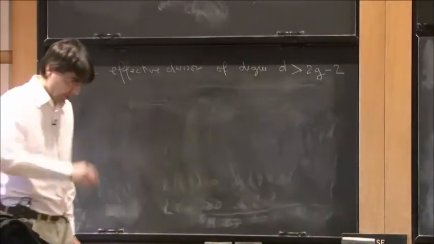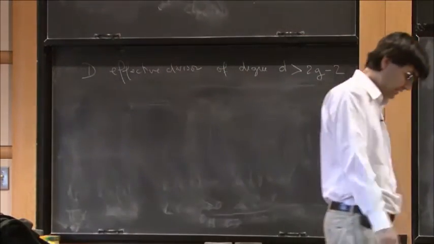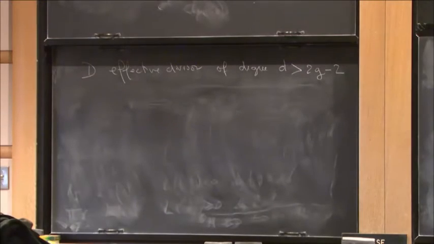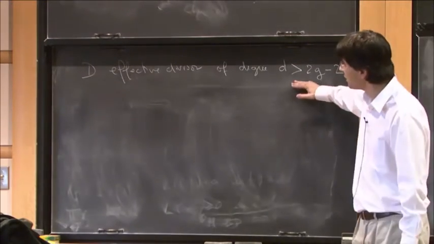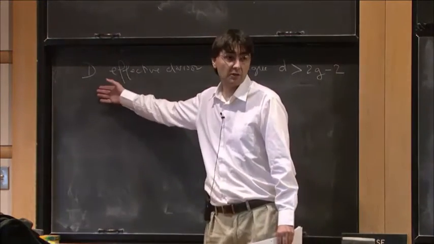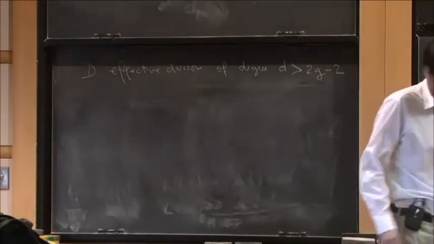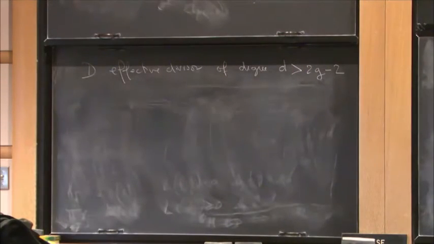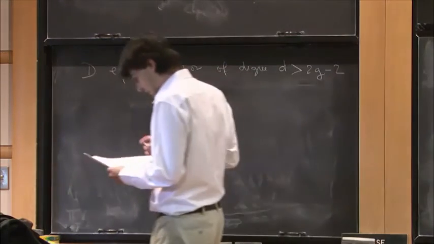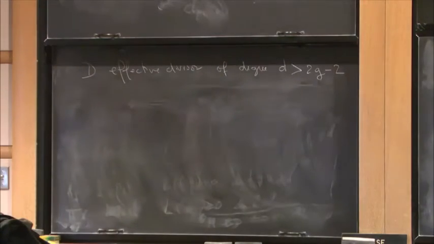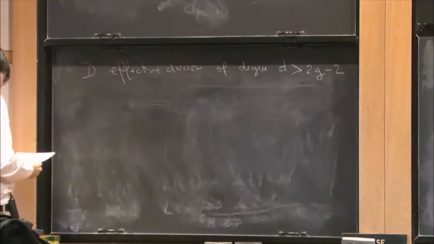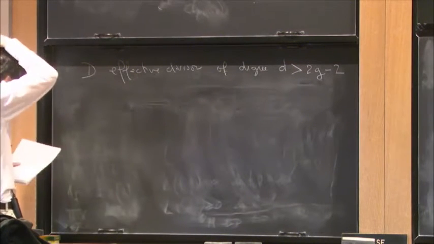We will see at one point of the talk that this restriction will unfortunately appear, because the case of a canonical divisor is a very interesting case, in particular from the point of view of non-abelian Hodge theory, but I have almost nothing to say in this case. So I assume that the degree is bigger than 2g minus 2.